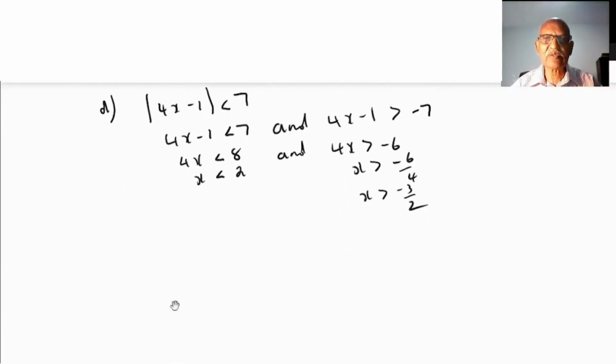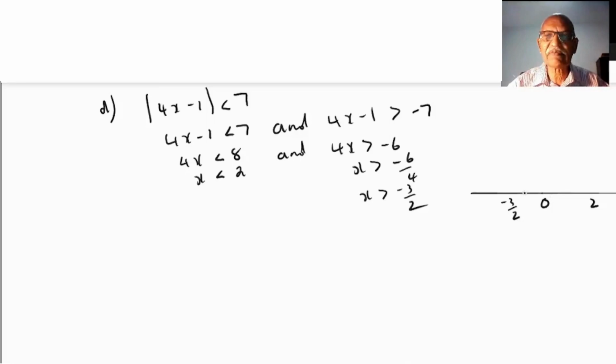In this case, we have this is 0, this is 2, this is -3/2.